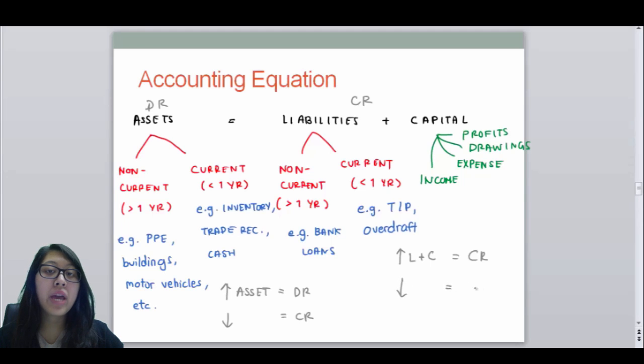Whereas if I repay off my loan, that means my liability will go down and it would be a debit to my bank loan account. Similar to expenses and drawings, since they reduce our profits and reduce our capital, it would be a debit figure. So if I had a telephone expense, I would debit the telephone account.